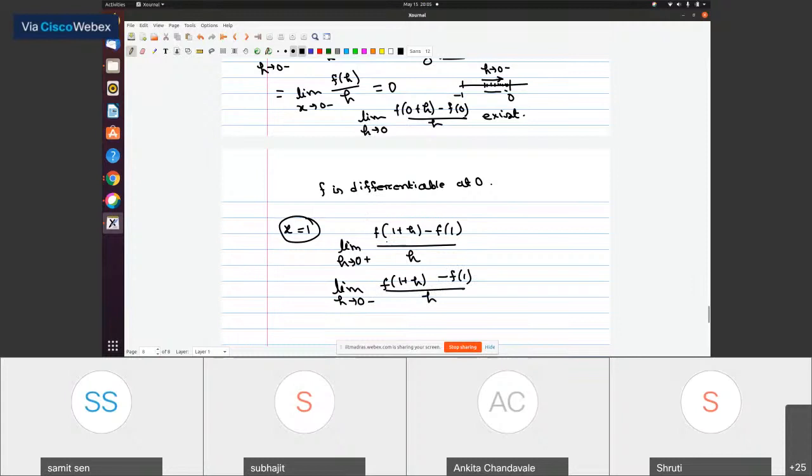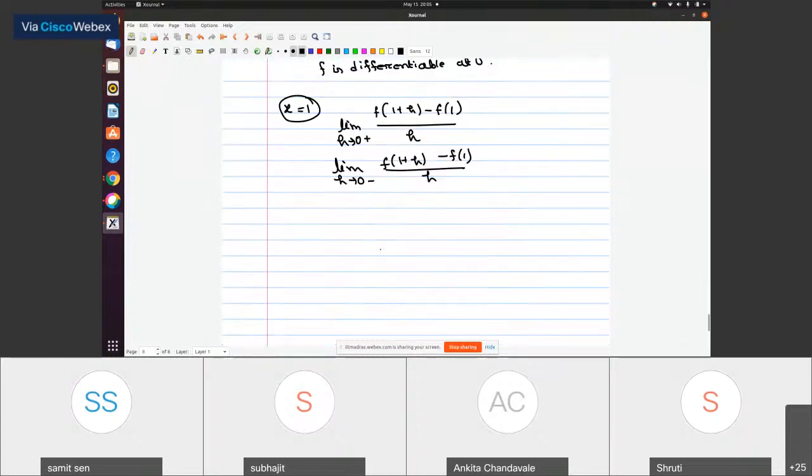Sir, as we did for 0, we checked the continuity. Here we didn't check the continuity for 1. You can check it. I was checking directly for explanation. So is this function continuous at 1? No, sir.